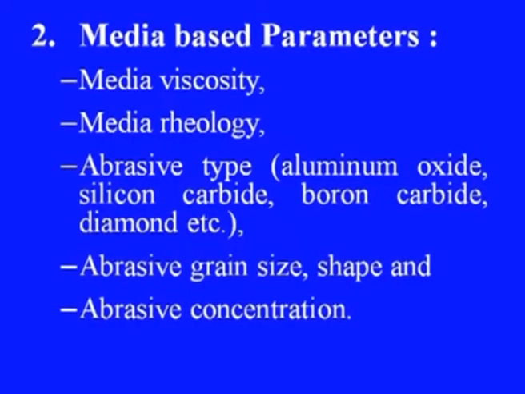Then very prime factors in media related parameters are media viscosity, media rheology, then abrasive type, for example, whether it is aluminum oxide, silicon carbide, boron carbide, diamond, etc. Then abrasive grain size and shape.